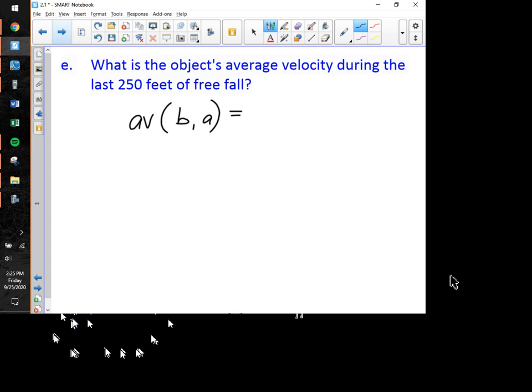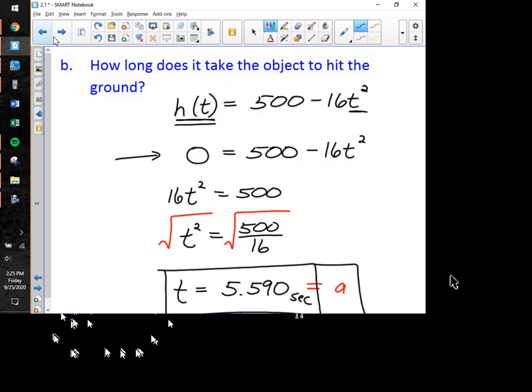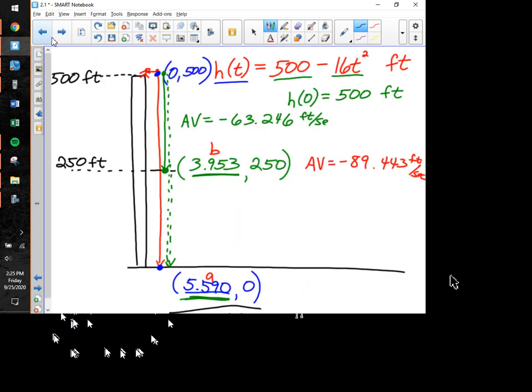Now before we type that in, ask yourself this question again. Do I think that this answer for average velocity on the bottom should be slower than 63, or between 63 and 89, or should it be faster than 89? Hopefully you have an answer to that. This is the last leg.